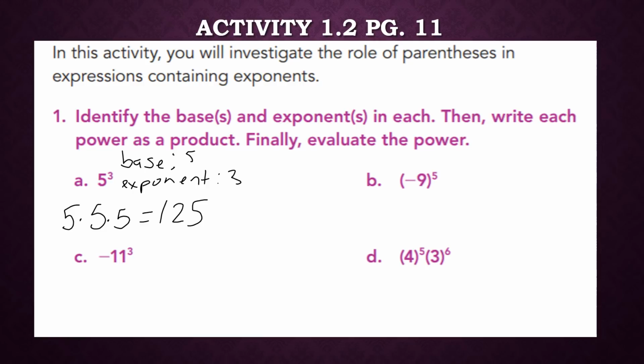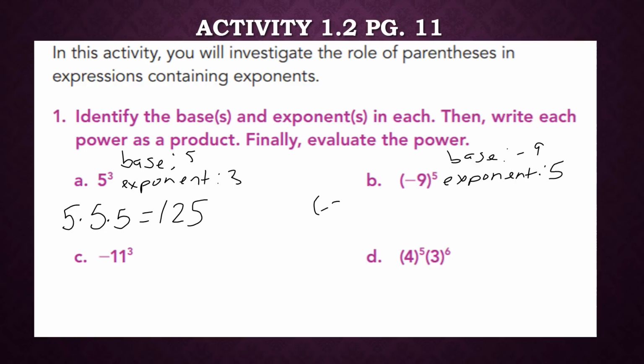In letter B, now we need to pay close attention to letter B and letter C because of those parentheses. So in letter B, our base is -9, and our exponent is 5.